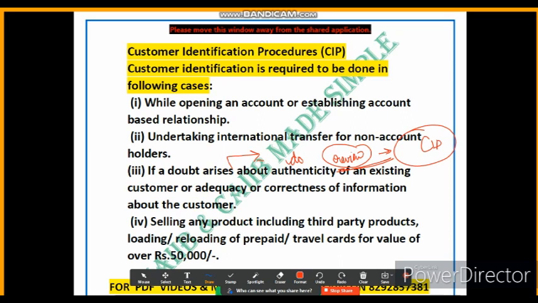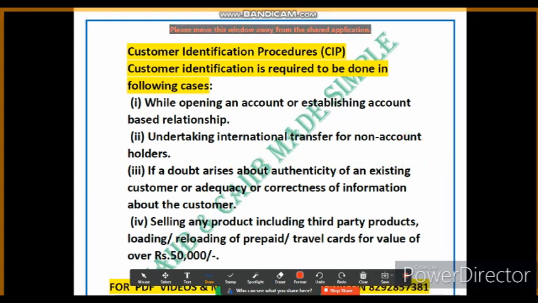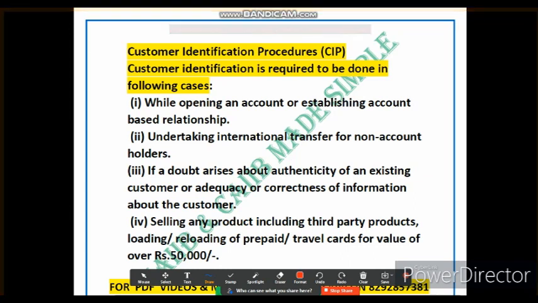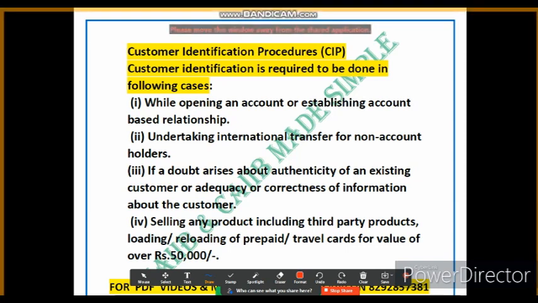Now the last point is that the CIP applies when a bank or regulated entity sells a product, including a third party product, or facilitates the loading or reloading of a prepaid or travel card for value exceeding 50,000. Suppose a customer wants to purchase an insurance policy from a bank or load a prepaid card with a value of more than 50,000.